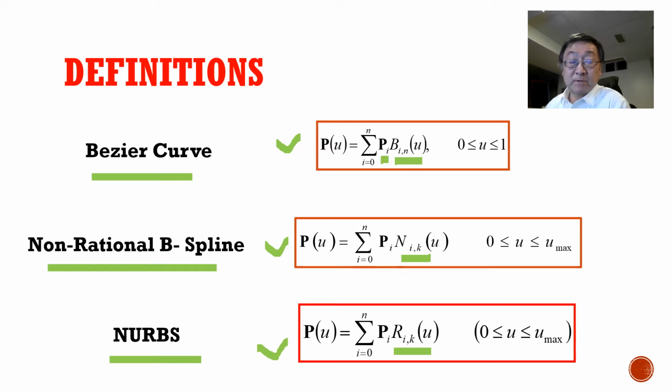The NURBS function is a rational B-spline function. Also, the range of U is a little bit different. The Bézier curve uses 0 to 1, and for the non-rational B-spline curve and NURBS, it's more general: U is between 0 and U maximum.